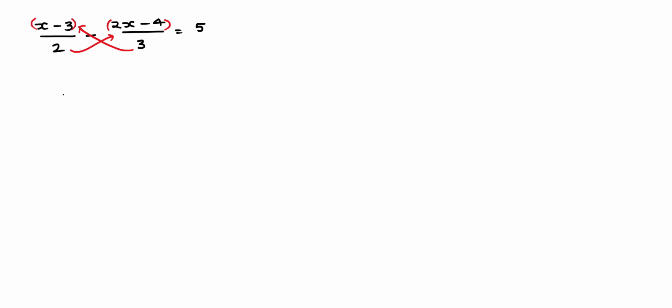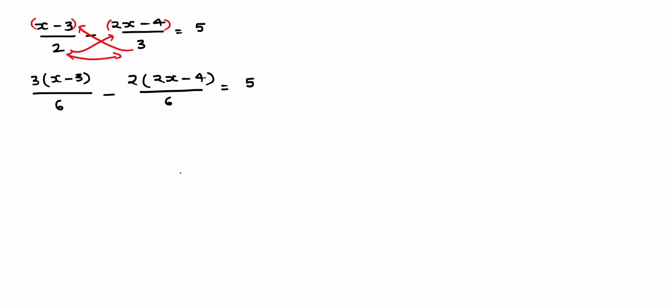The denominators will also be multiplied together, which means it will be 6. So we have 3 times (x minus 3) minus 2 times (2x minus 4), divided by 6, equal to 5.